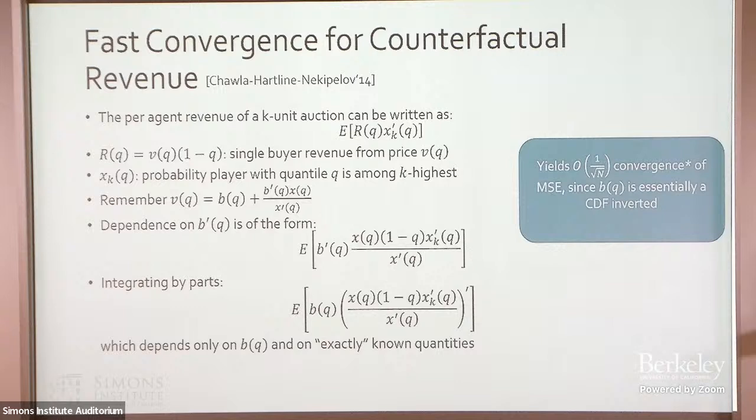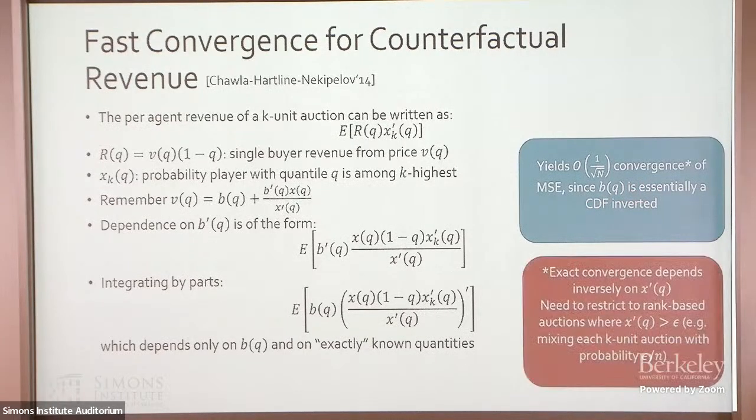And with this, you can get one over root n rates for that revenue RK, since B of Q is essentially the same as estimating a CDF, the CDF of the distribution of bids, and inverting it. Of course, for the inversion to not mess things up, you need some assumptions about the probability of allocation of your mechanism.